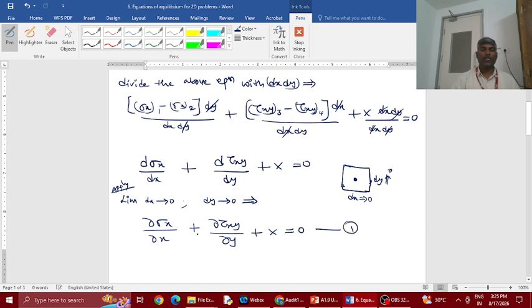This is equilibrium equation 1 in differential form.